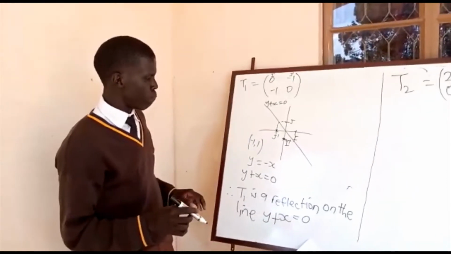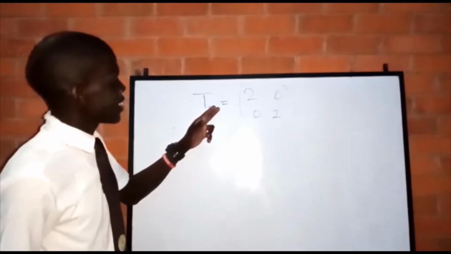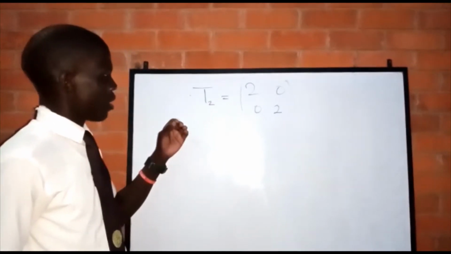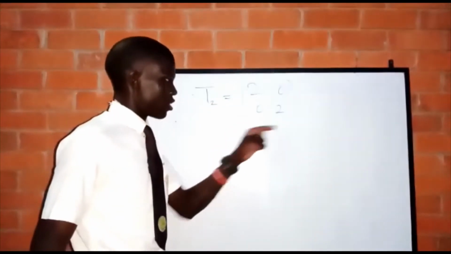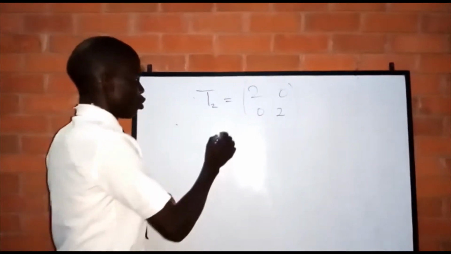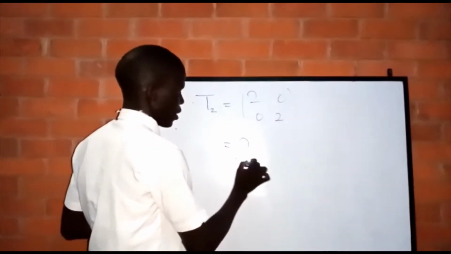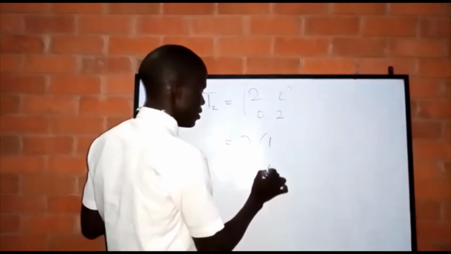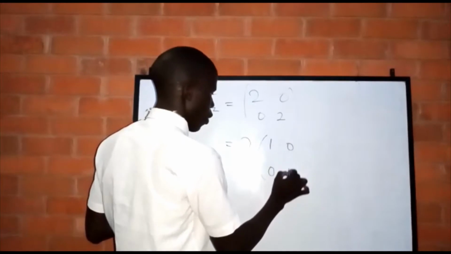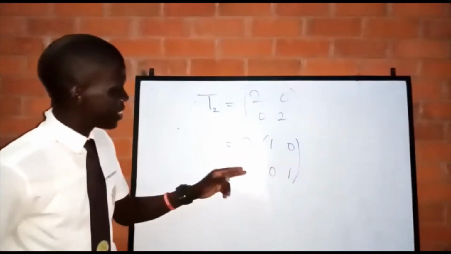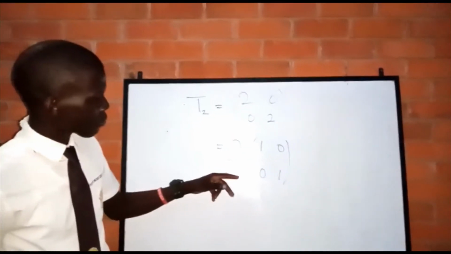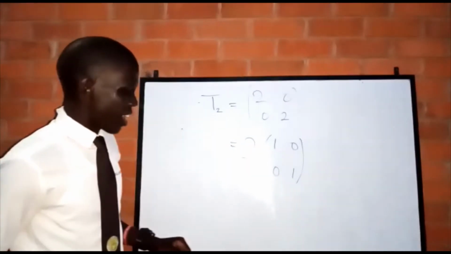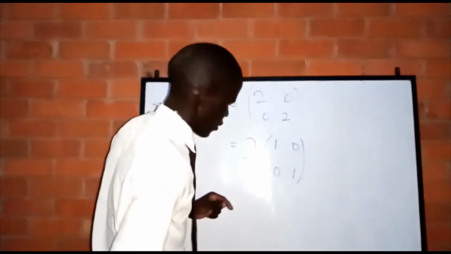For T2, we can clearly observe that we can pull out a certain figure and it gives us an identity matrix. So let's pull out 2, and we shall have 1, 0, 0, 1. This is clearly an identity matrix.